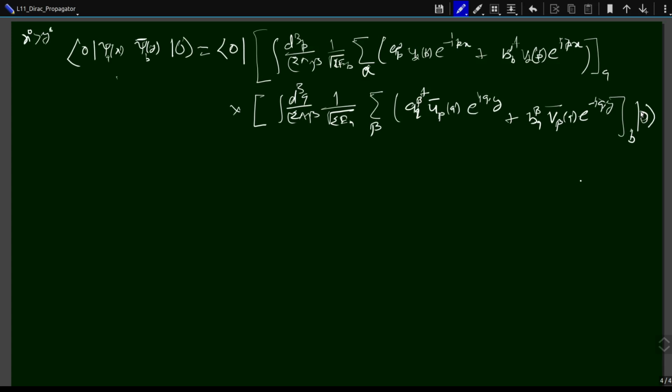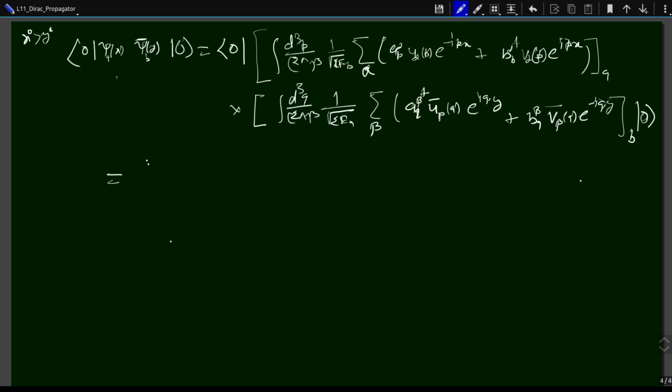So as we can see, there are 4 terms. Two terms coming from each, but it has to connect from vacuum to vacuum. So without writing all the detailed expressions, or maybe since it is the first time I write, so what do I have over here? I will take all the integrals and summations outside.